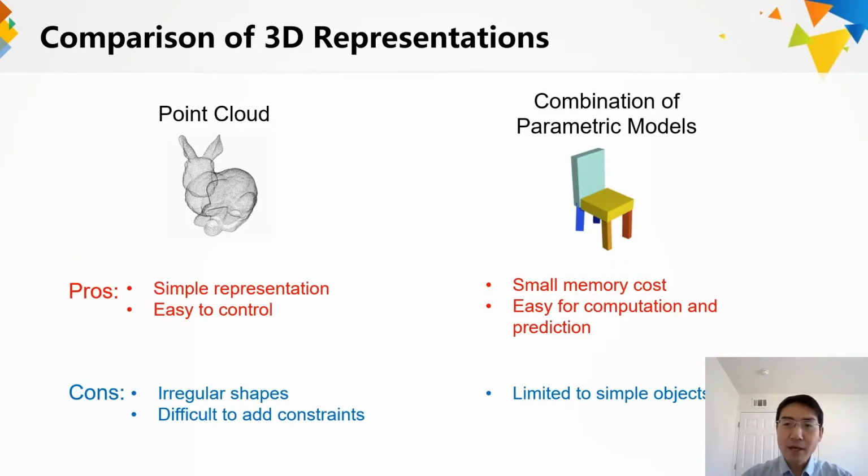Another way is the combination of parametric models. For example, this chair is combined of six parts. Each part is a regularized object. So the benefit is that we can use a very small memory cost to represent a very big object, because for each part, we need just very few parameters to represent it.